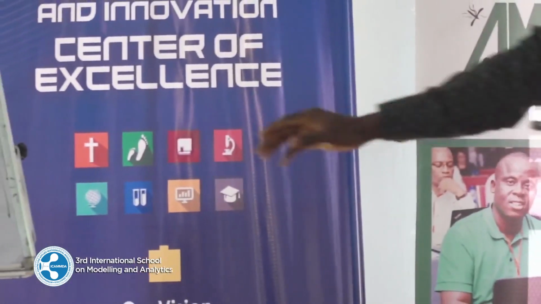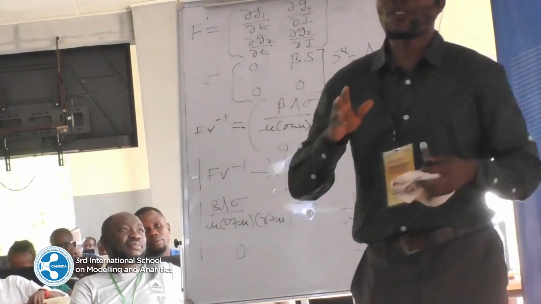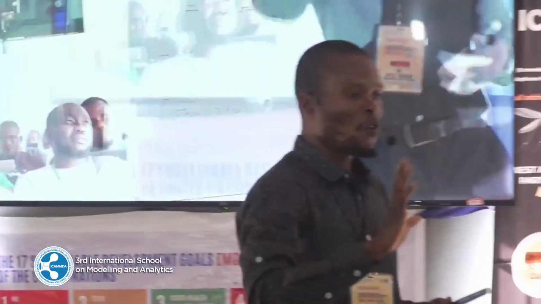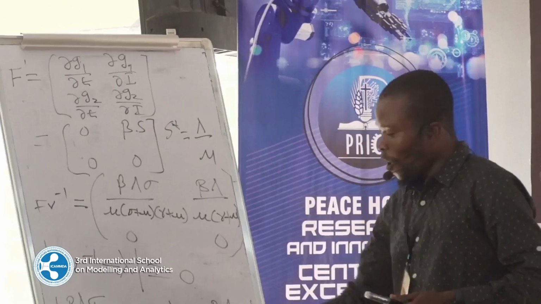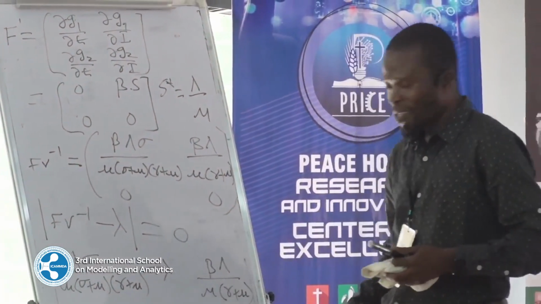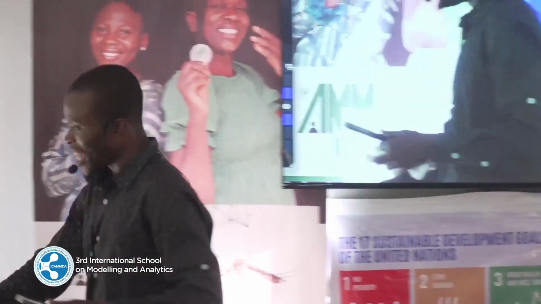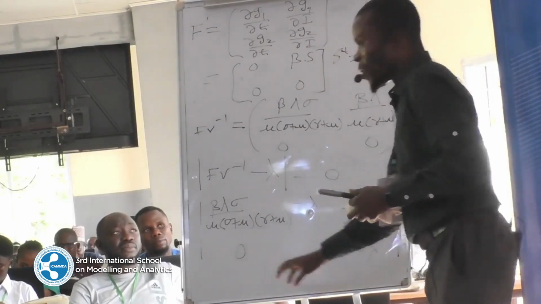So by the rule of determinants, I can evaluate the determinant of a matrix along any row or column. I may choose the second column, or the first column, or the first row, or the second what? Or the second row. But it is more convenient, since I have this to be 0, I can evaluate it through this.